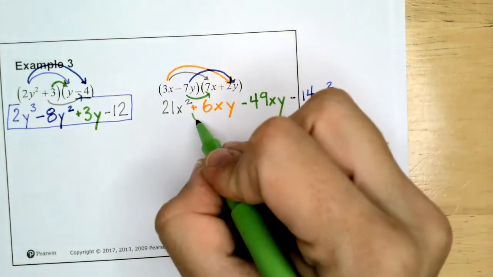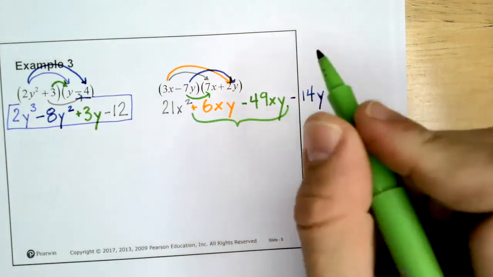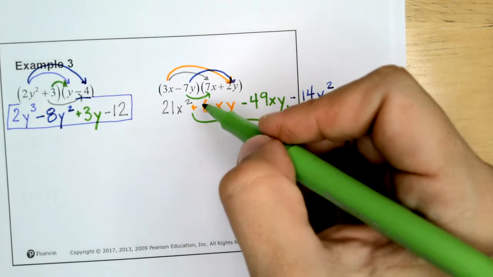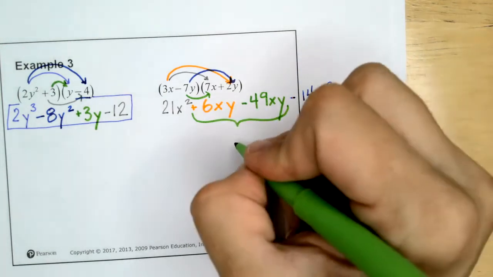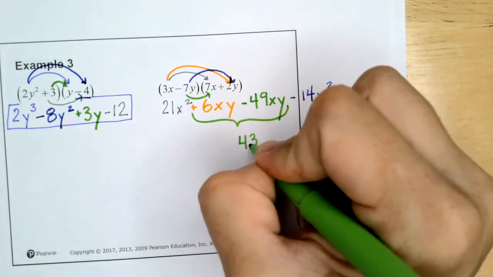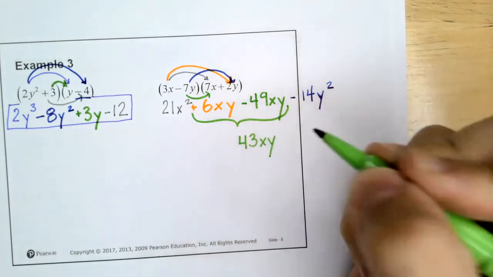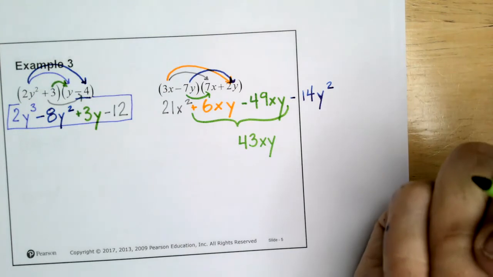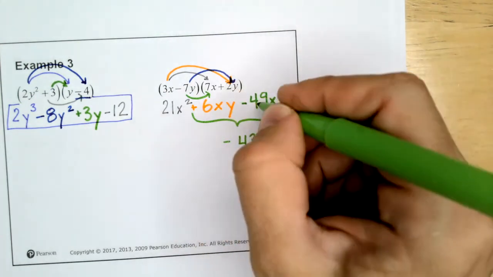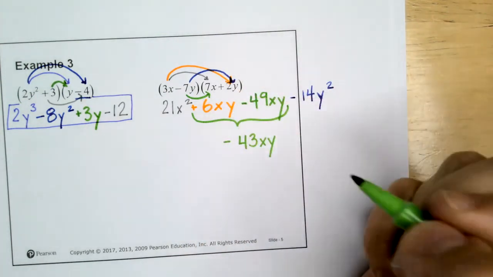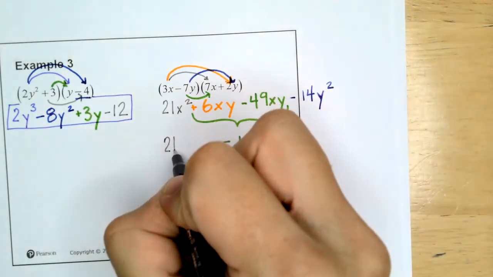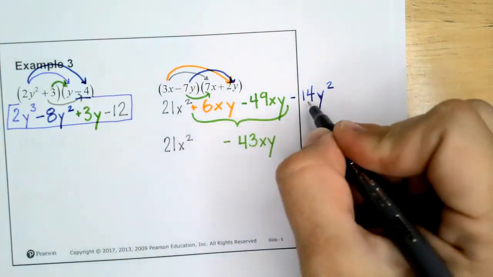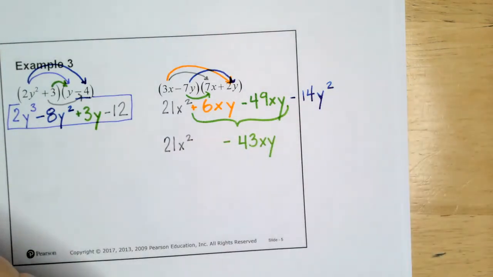These two together, it's like saying 6 minus 49, and you get 43xy. Okay. And it's a negative 43 because the 49 is much bigger than the 6, right? This one stays the same. And the negative 14y also comes down.